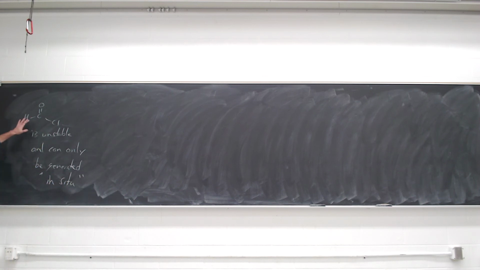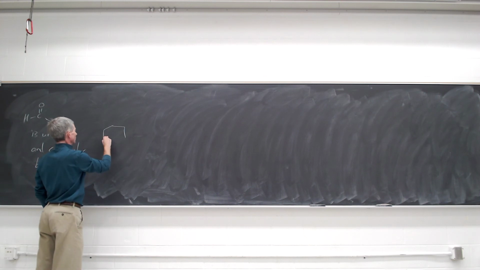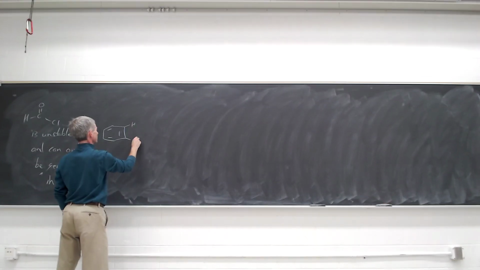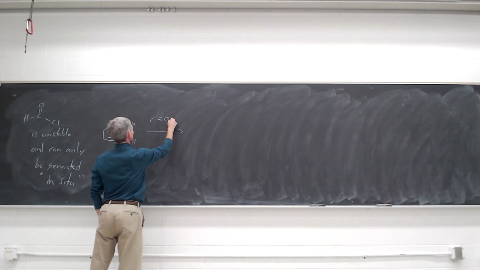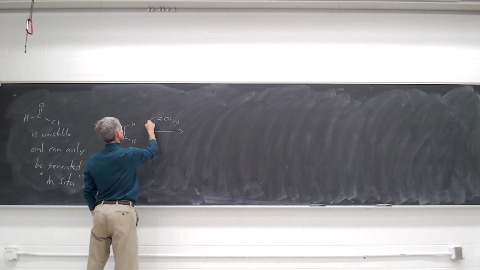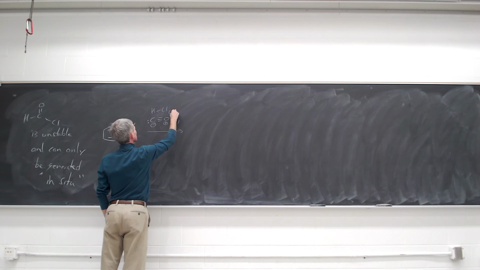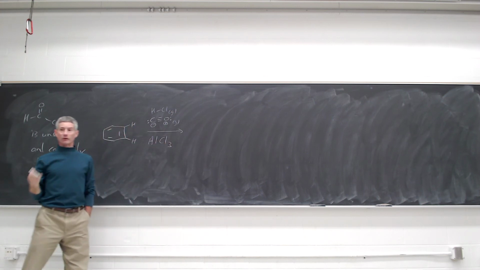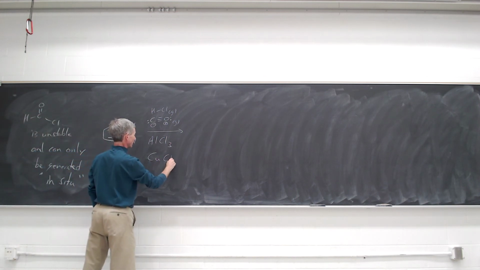But we can, in fact, generate formyl chloride in situ, or generate it in place, by mixing together carbon monoxide and HCl in the presence of both aluminum chloride, which is the standard catalyst for Friedel-Crafts reactions, and cuprous chloride, copper-1 chloride.